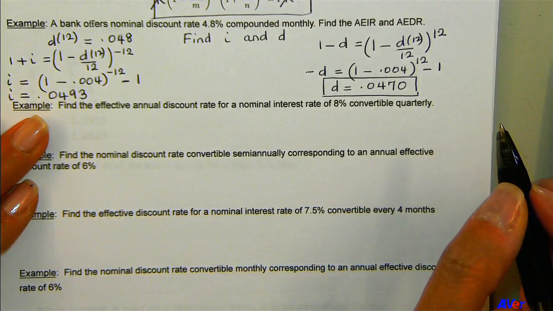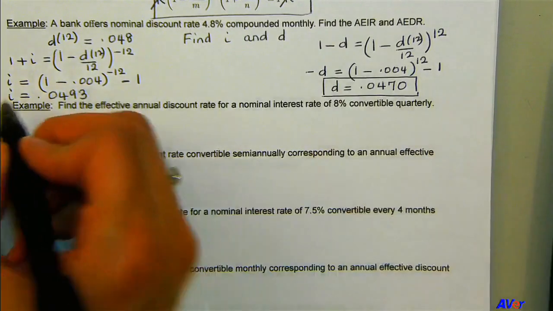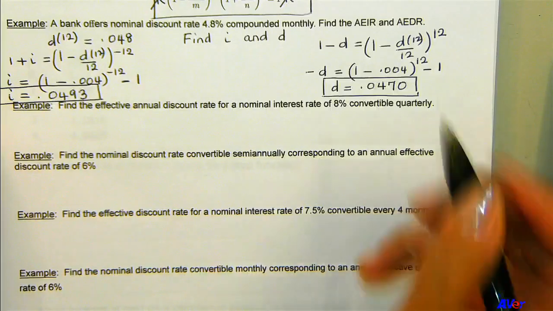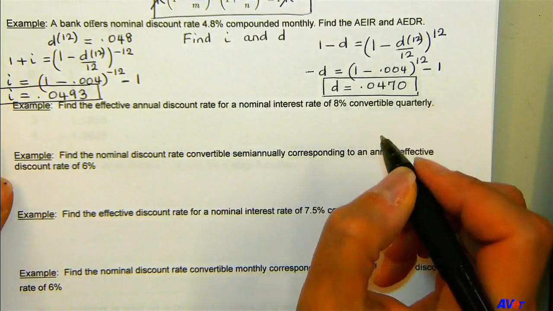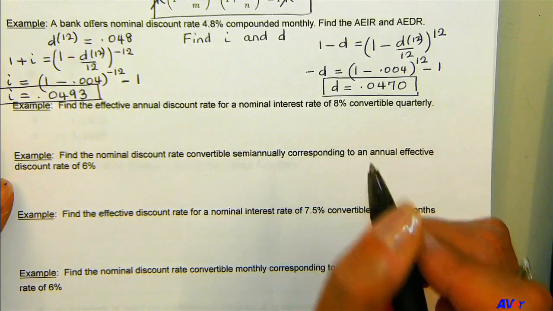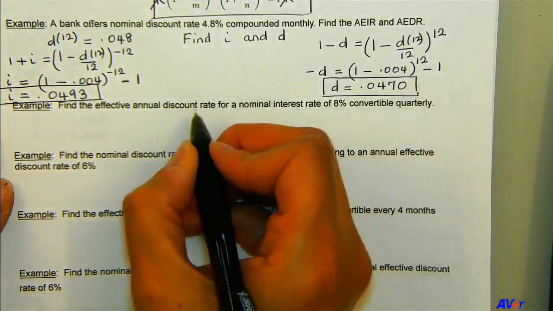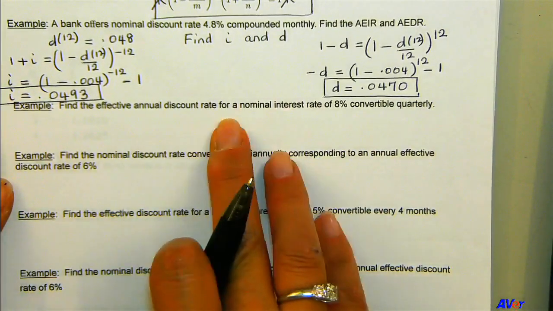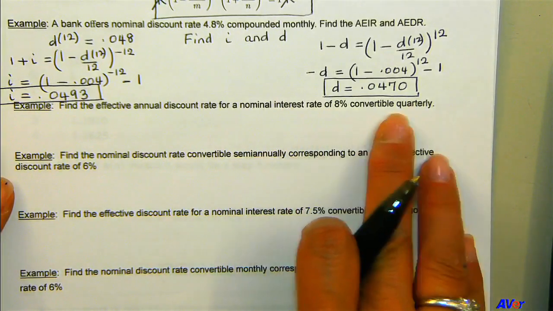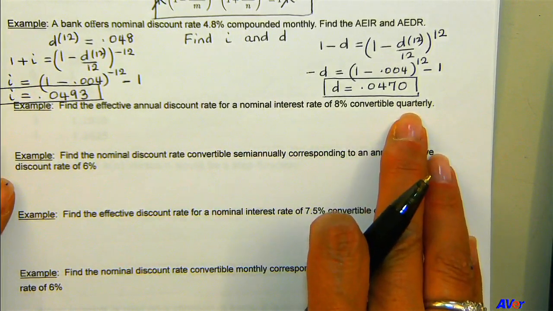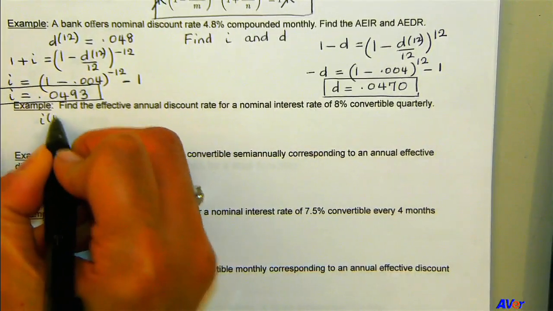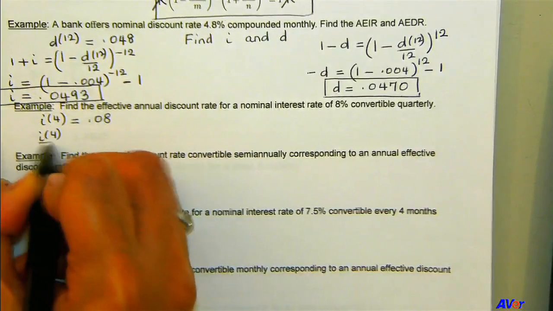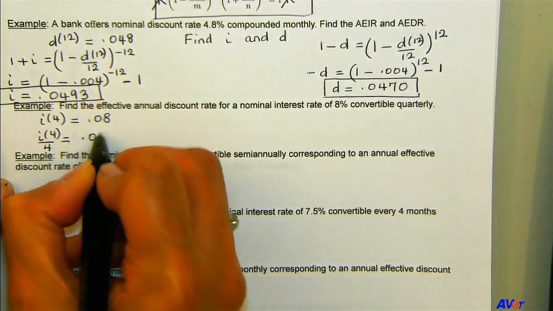Let's try the next one. Find the effective annual discount rate for a nominal interest rate of 8% convertible quarterly. So i^(4) is equal to 0.08, so i^(4) over 4 equals 0.02.